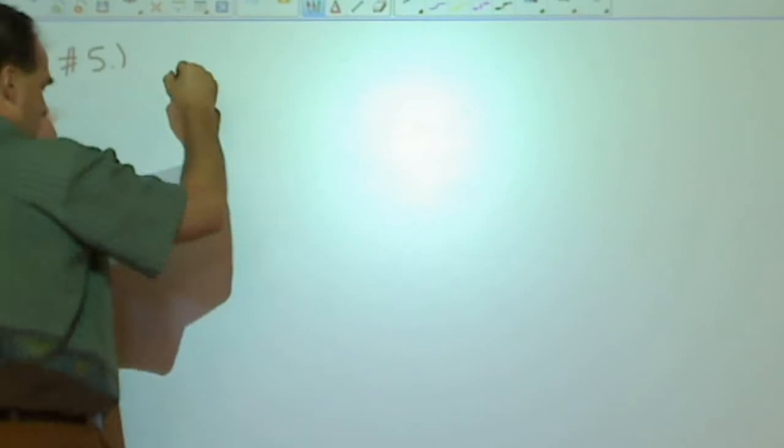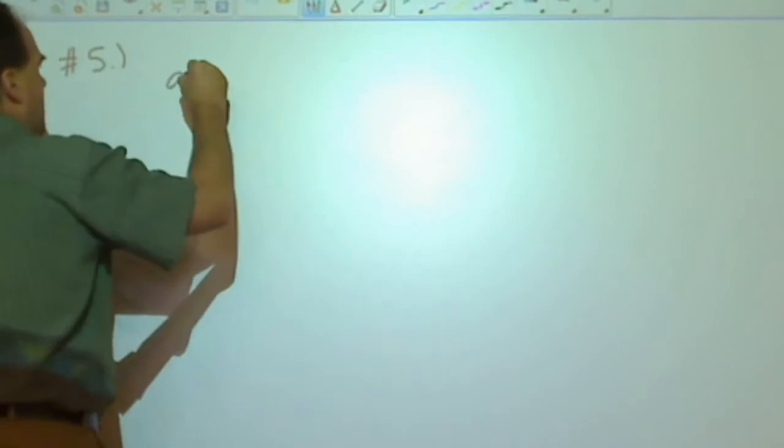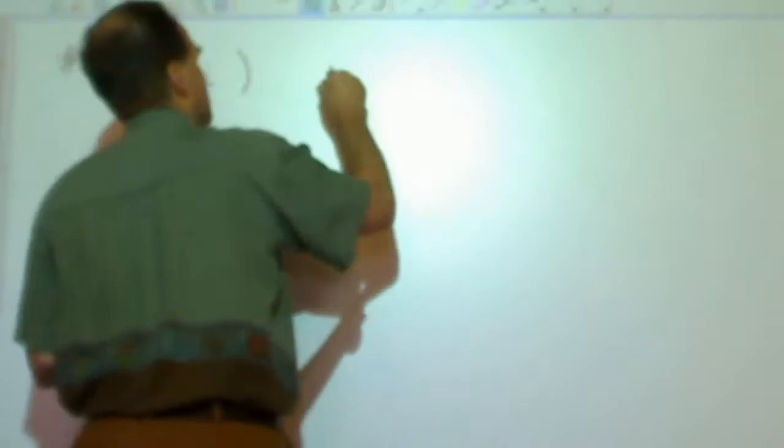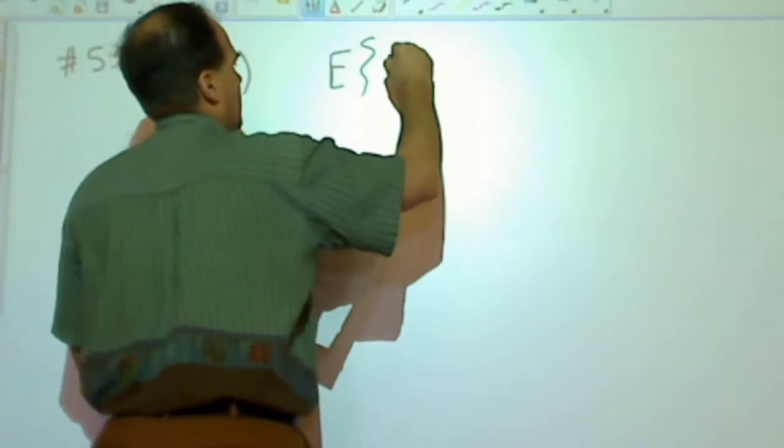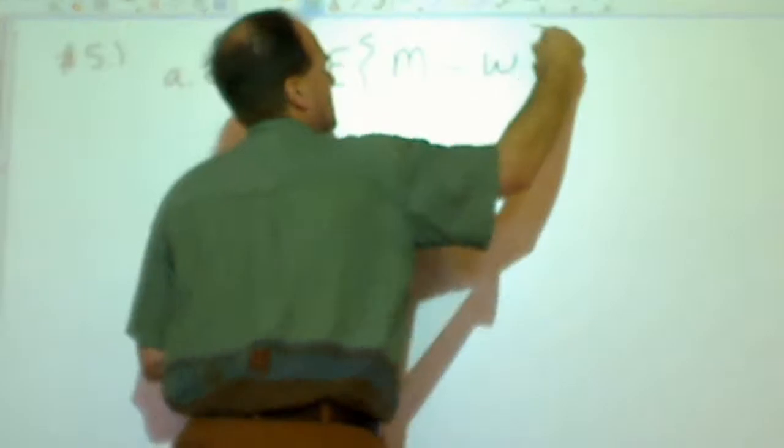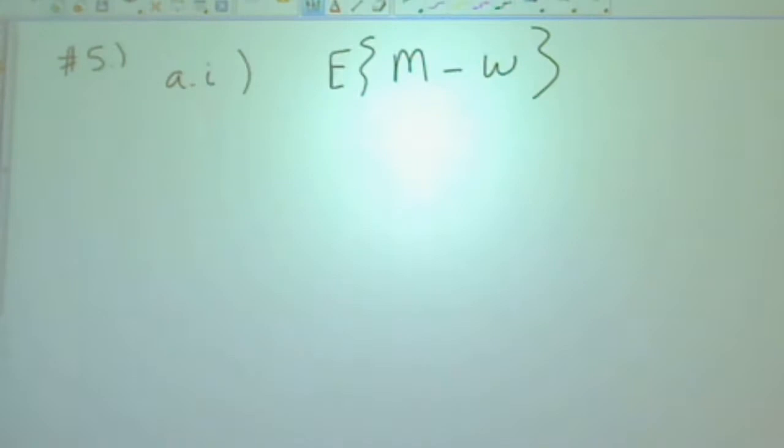A.I is the average. A.II is the standard deviation. So A.I is meant to be the expected value, the average of men minus women. This is like chapter 16 stuff: adding or subtracting two random variables.